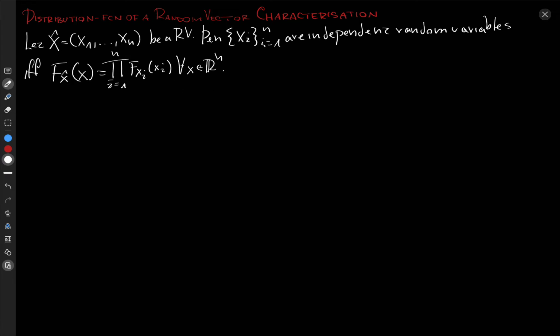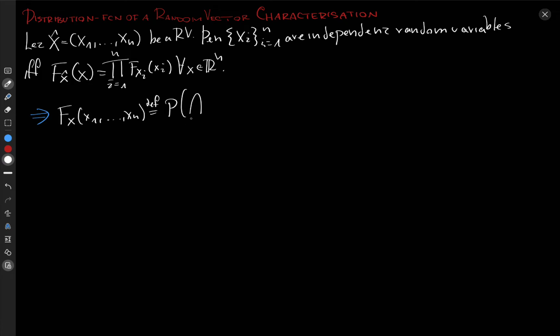Now, first we shall show that the left to right implication works. So, assuming that these are independent variables, we have that f_x of x1 through xn is by definition equal to this identity.